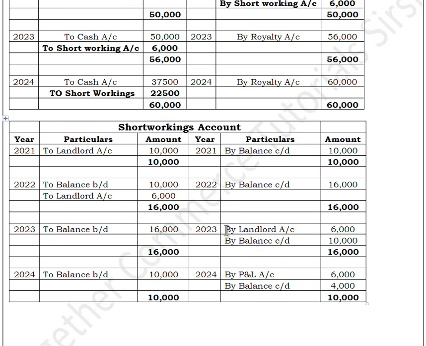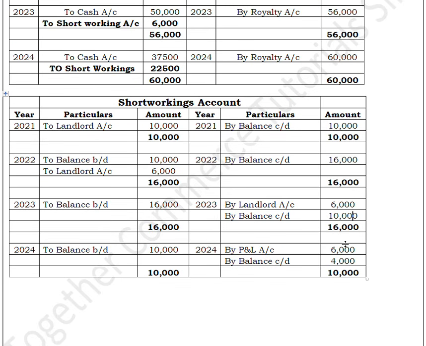Now in this year, there was a short working of two sides, that is here. Then the balance carried down here, that is the balancing figure, becomes 10,000. Then this same 10,000 becomes balance brought down here. Then this is very important, that is by P and L account.